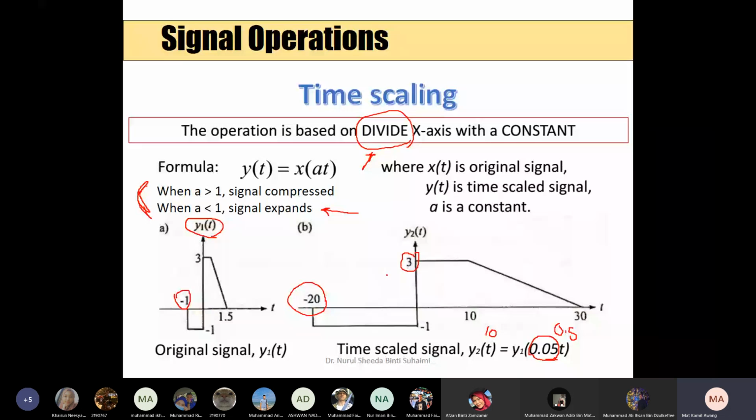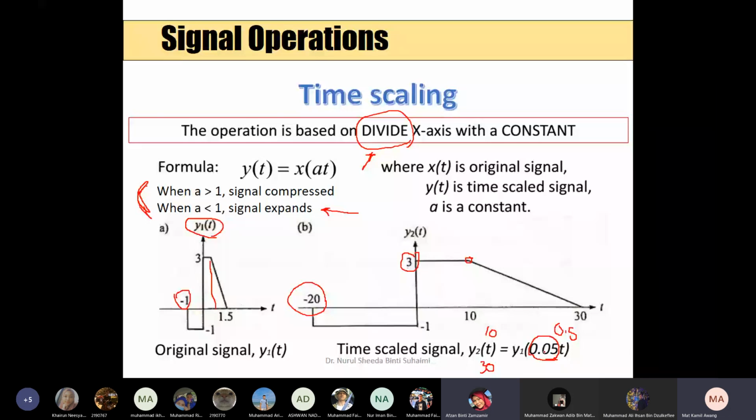Let's say we take here. It takes the value at 0.5 there. If y of t at t equal to 30, so 30 times 0.05, what's the value? 1.5.